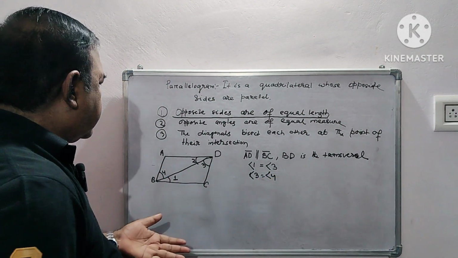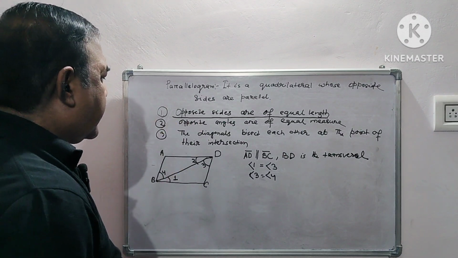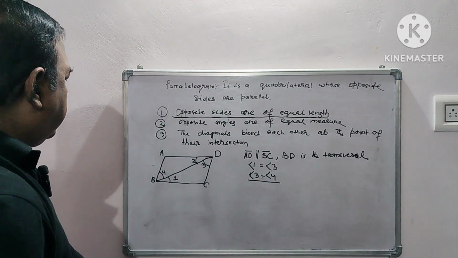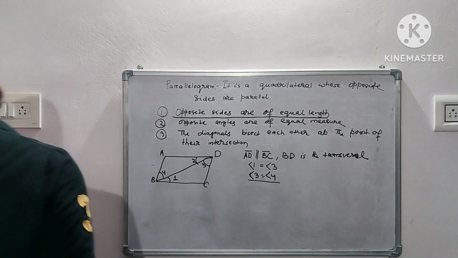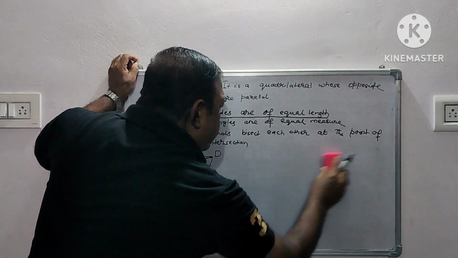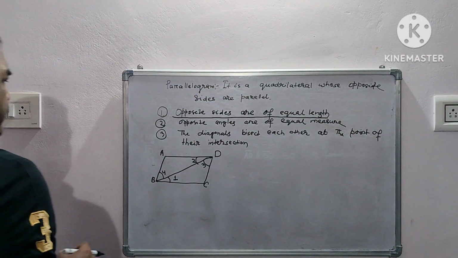The same BD is the transversal, and AB and DC are parallel in this case. So you see, what we have to prove? Already you know this. So, to make you recall, I just wrote this. So how will you do this?